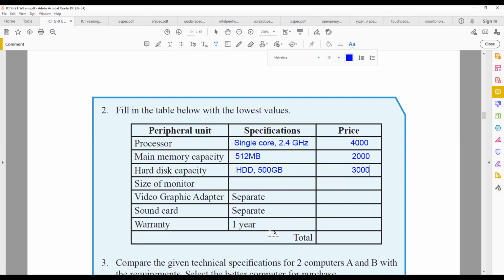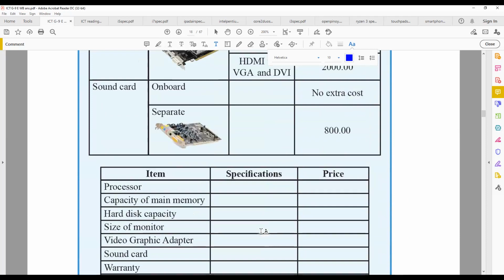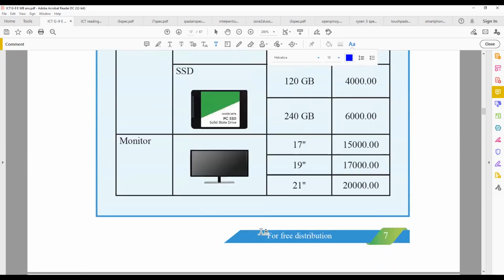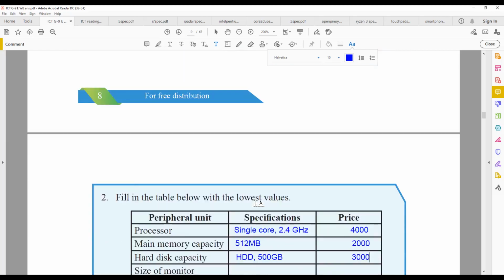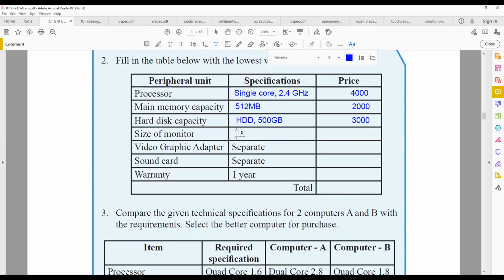Then we'll move to the size of the monitor. What is the size of the monitor? Lowest price 17-inch, 15,000, isn't it? 17-inch, 15,000.